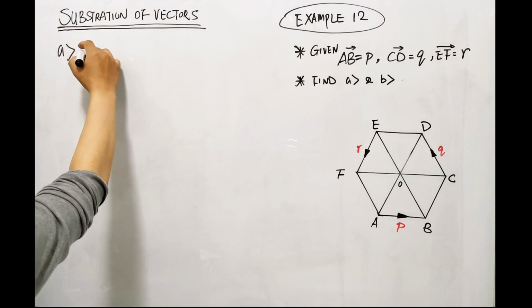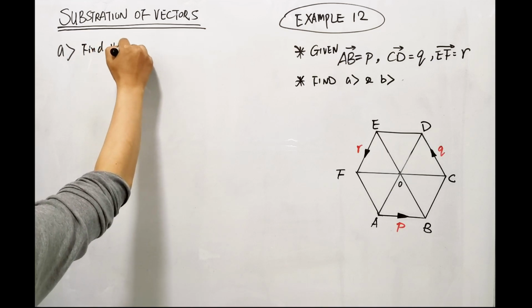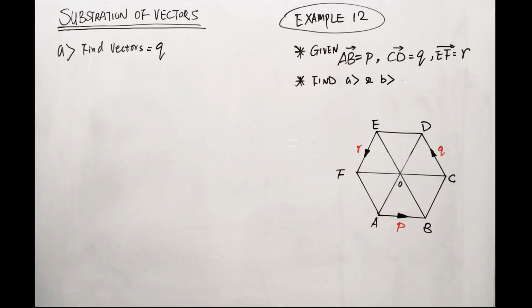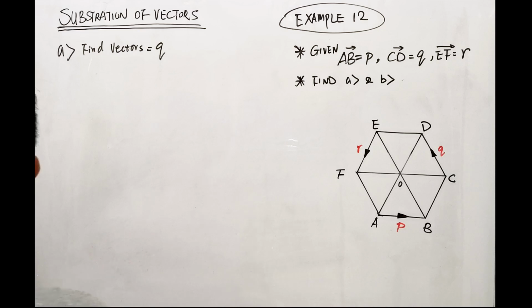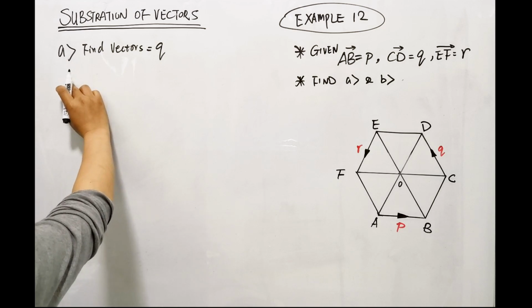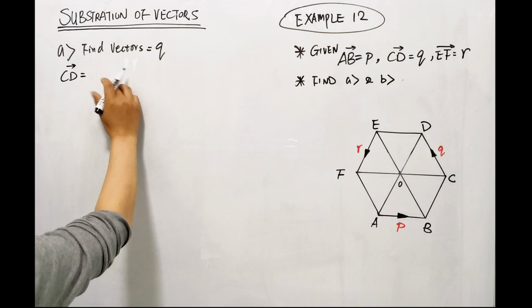Find vectors equal to Q. This is a regular hexagon, so how many vectors are equal to Q? From here we can see, first, Q equals CD.